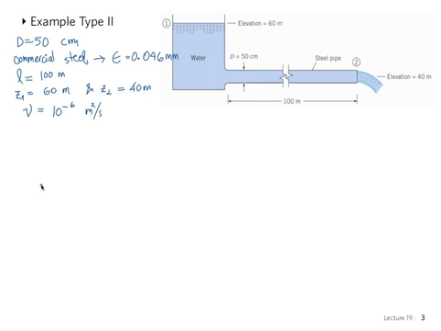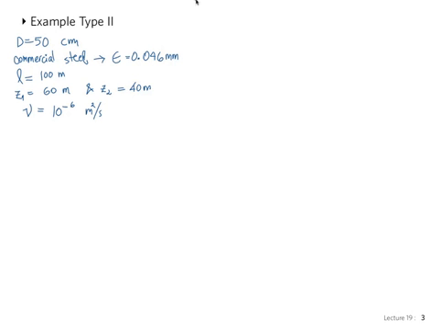Okay, so here is all the data for the problem, and the question is, what is the flow rate? A flow rate problem type 2. We're going to assume that it's a fully developed turbulent flow.